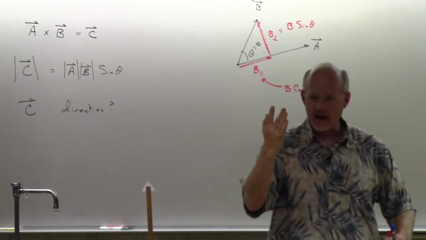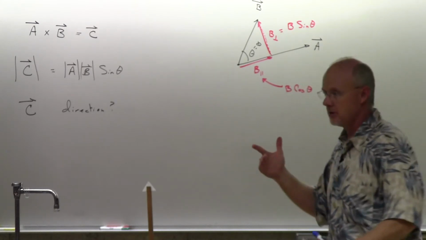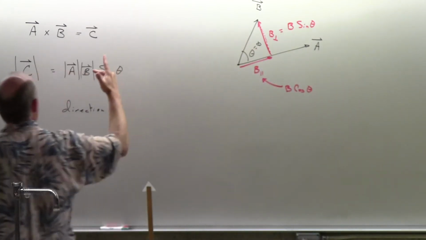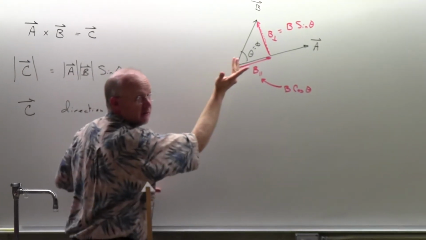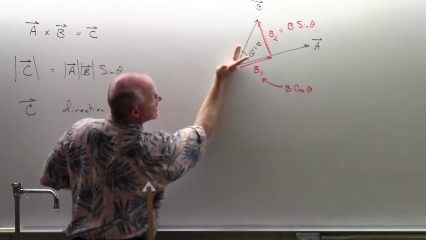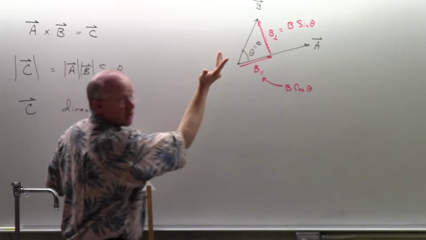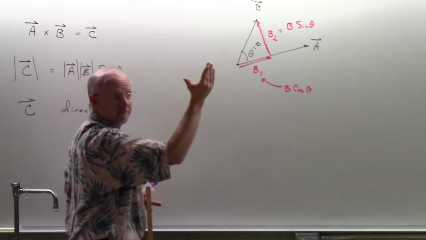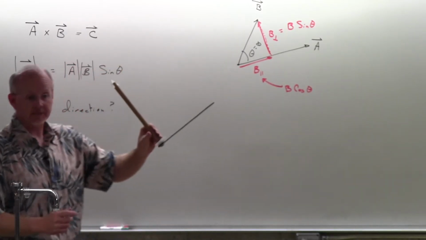And if you hold them, then the resulting vector will be the direction of your thumb. So if you do this, my first finger is in the direction of A, my second finger is in the direction of B. What is the direction of my thumb? Out of the board.